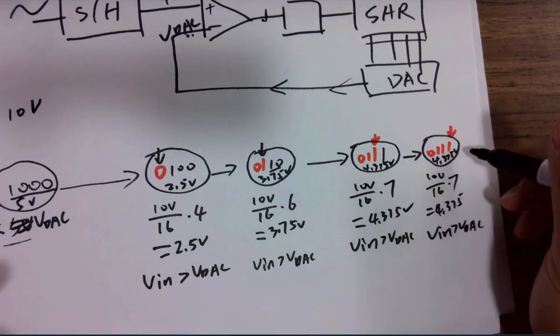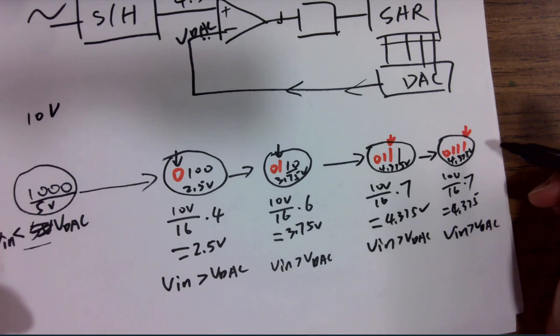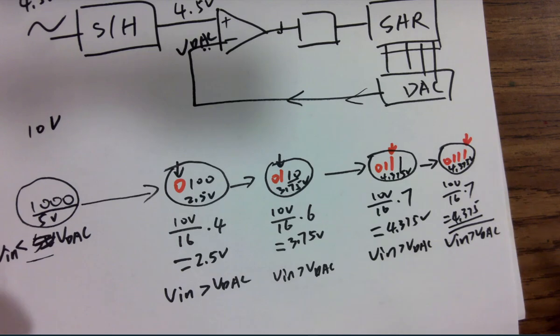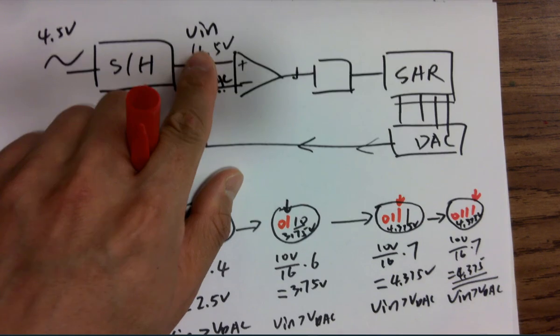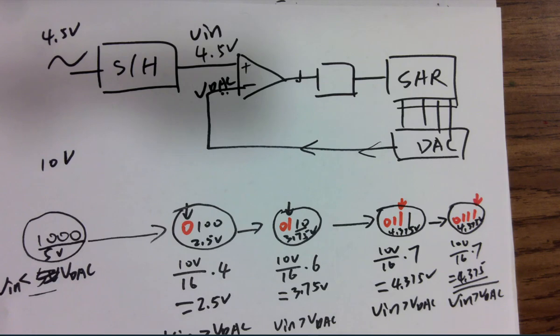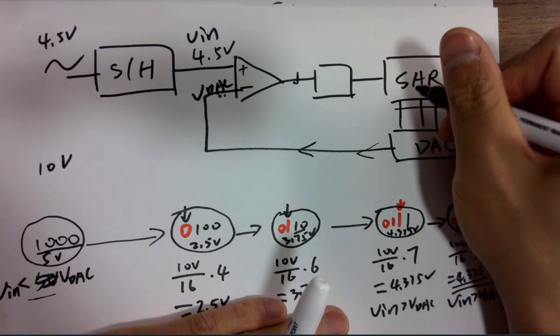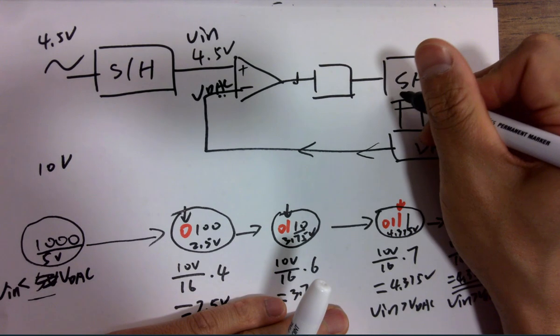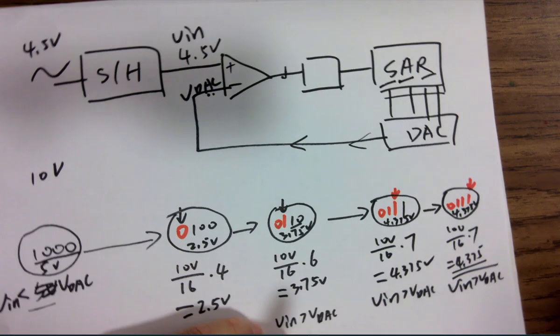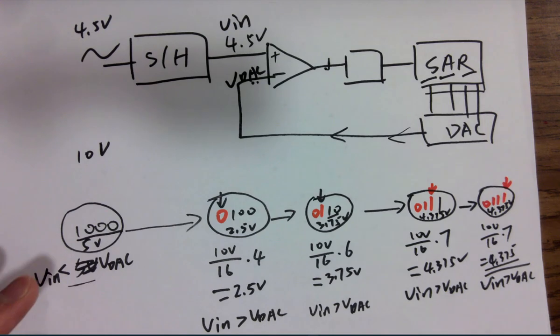The thing is already shifted out, so it's not doing anything anymore. So eventually the final result is 4.375 volts. This is pretty okay, I think, compared to 4.5. That's why it's called successive approximation register, right? Successively approaching that final result.